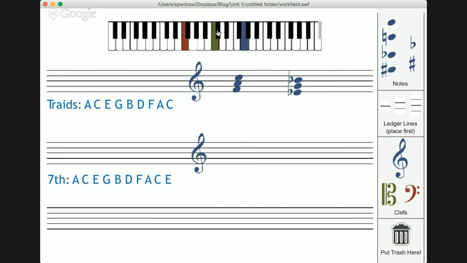So 1 motion, 2 motion, 3 motion, 4 motion. So again, if I did something like from G to B flat, it'd be 1 motion, 2 motion, 3 motion. So this is my major triad with a major third on the bottom and a minor third on top.